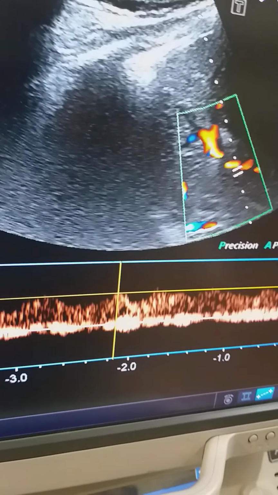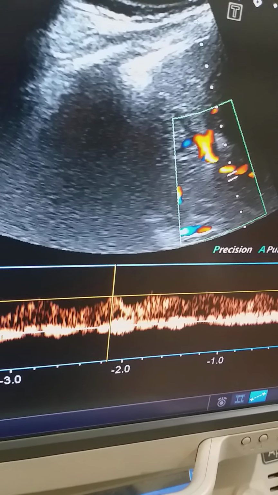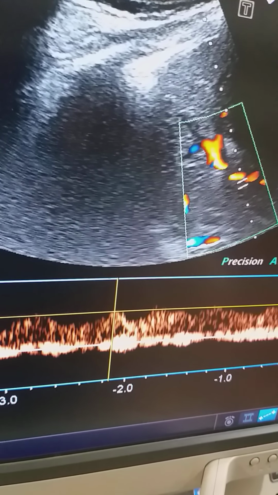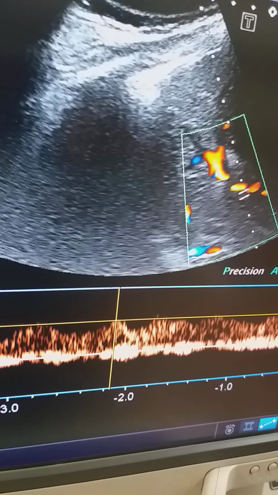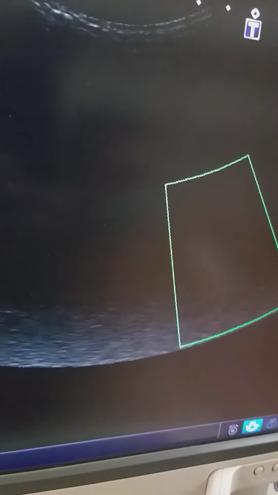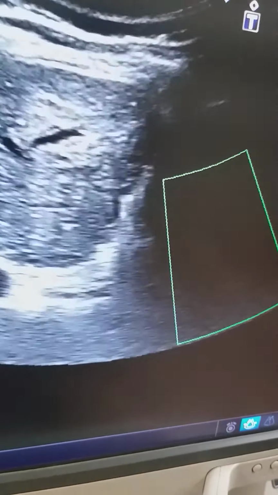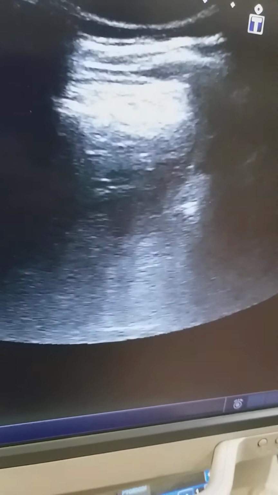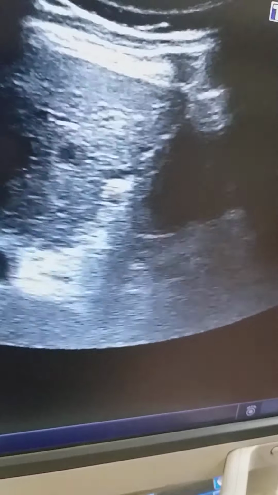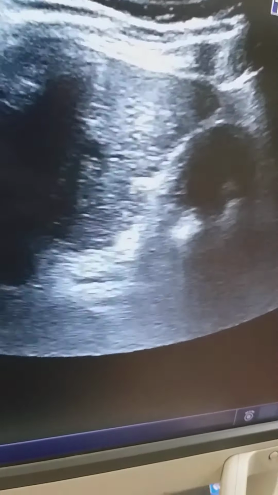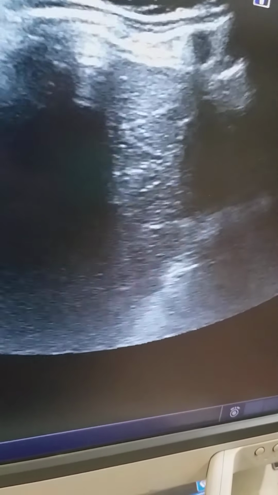It should be almost above 15 centimeters per second in the normal value. This is the normal value, so this is decreased. And when the portal vein forward flow is decreased, then usually we go to the left side of the patient to evaluate the spleen.